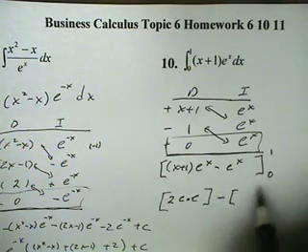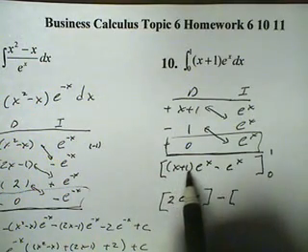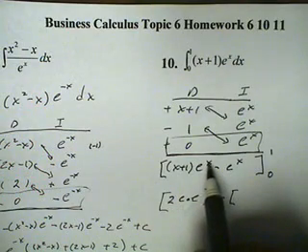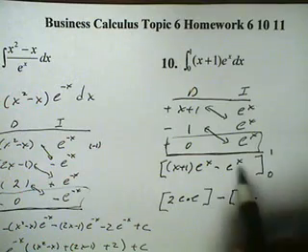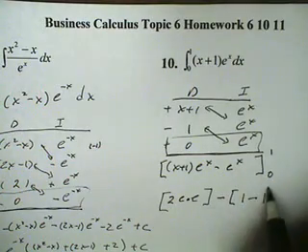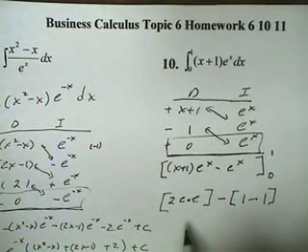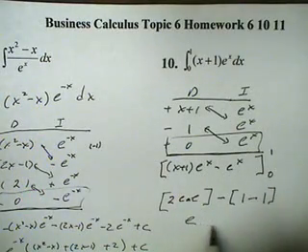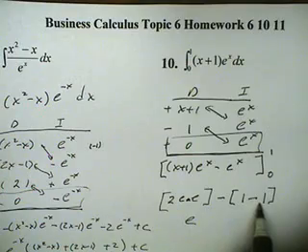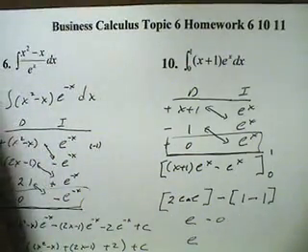When I put the 0 in here, I'll get a 1 and an e to the 0, which is also 1, and then minus e to the 0 here, which will be 1. So 2 e's minus 1 e is a single e. 1 minus 1 is 0, so this will just be e.